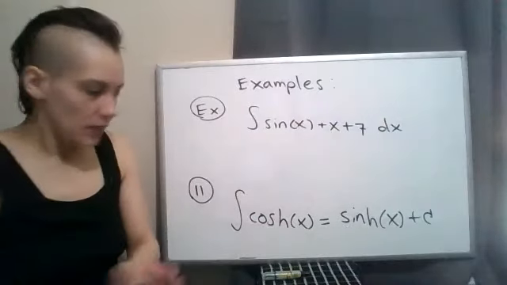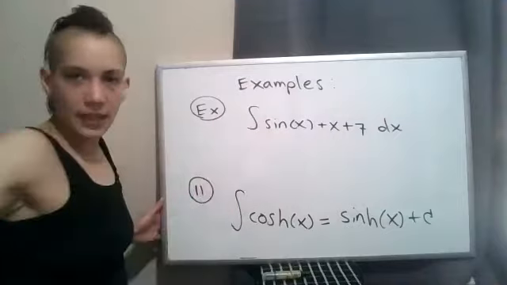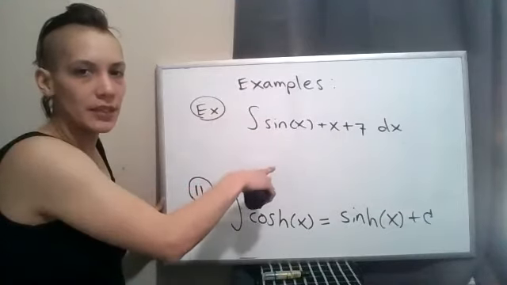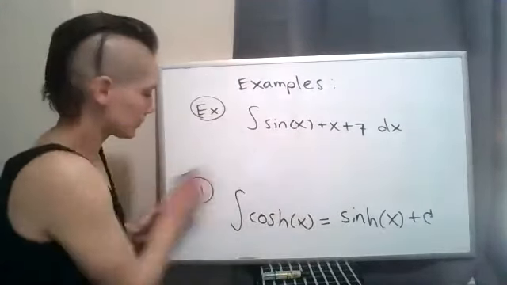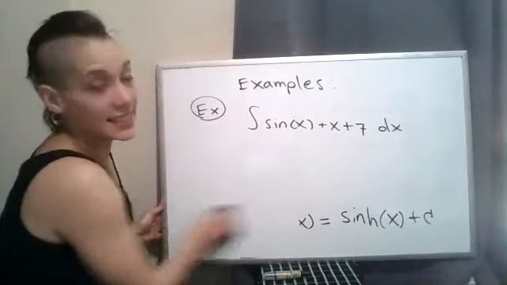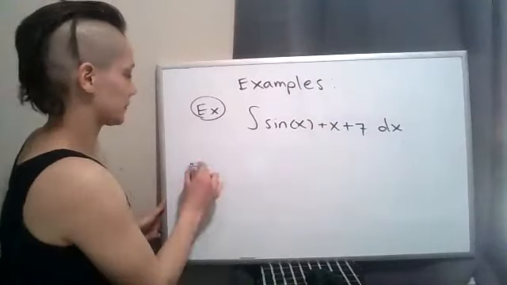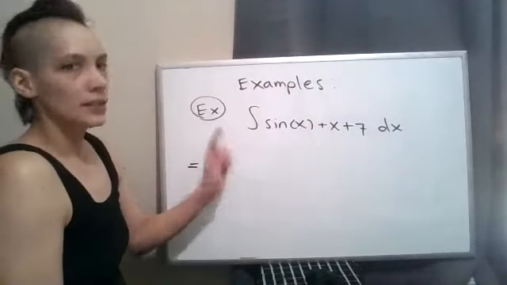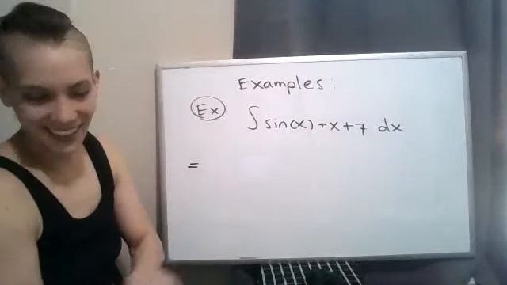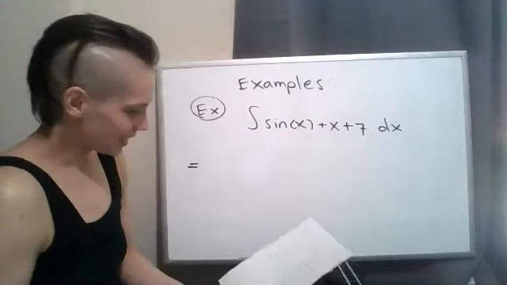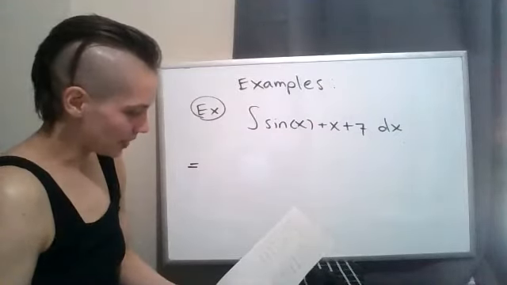Okay. So we take that first term, get the antiderivative, just go term by term, and then add c at the end. So we just did this. Sine has an integral of negative cosine.